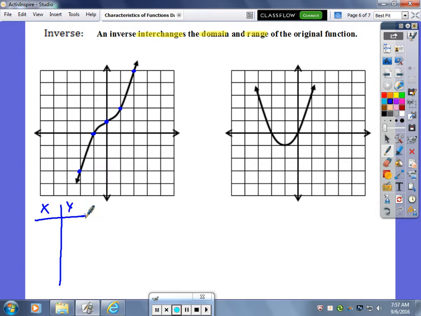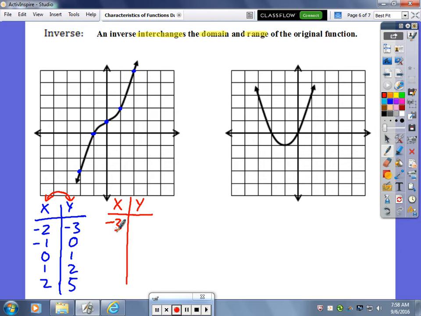So let's make our table of values. Going from left to right, we got the coordinates (-2, -3), (-1, 0), (0, 1), (1, 2), and (2, 5). Now we flip the y and the x values to create a new table of values where x is -3, 0, 1, 2, and 5.